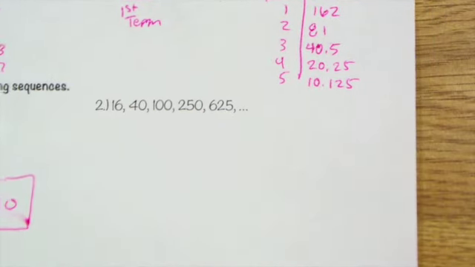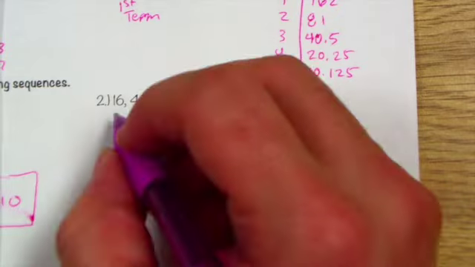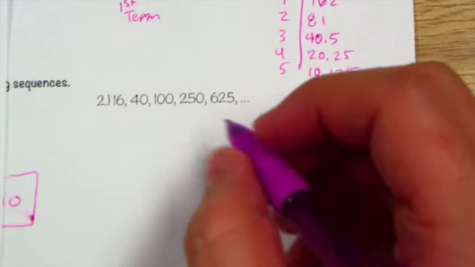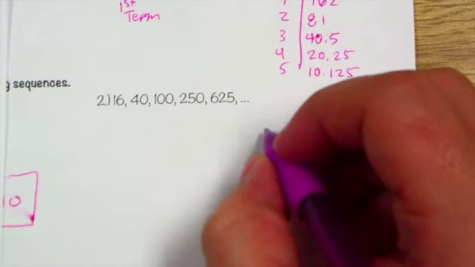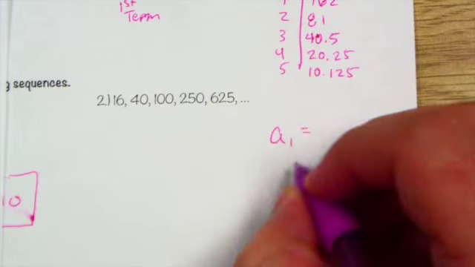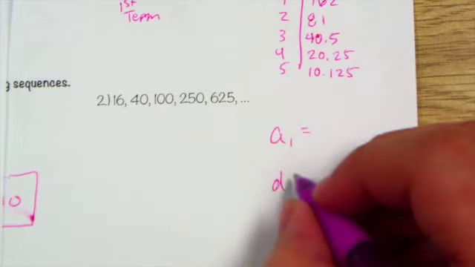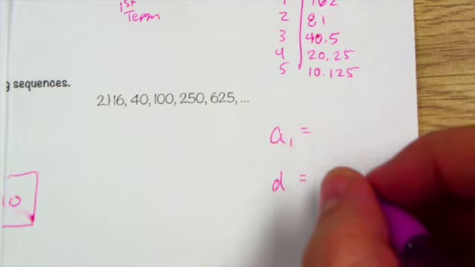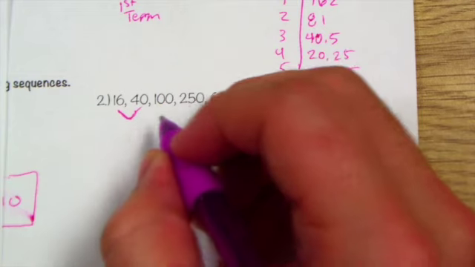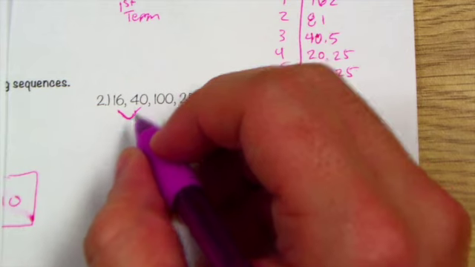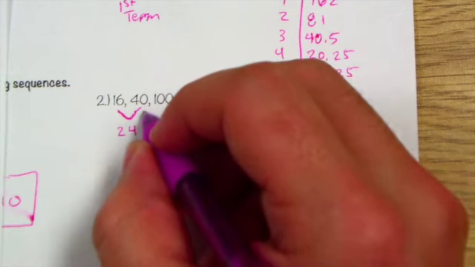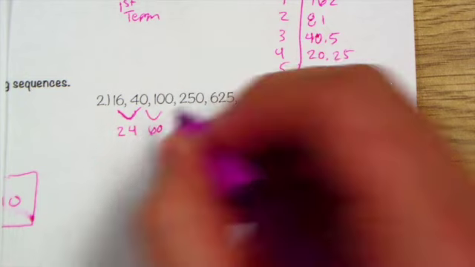Second one. Again, we need a sub 1 and our common difference. So here it goes up by, let's see, 24. And that one goes up by, okay, wait a minute.